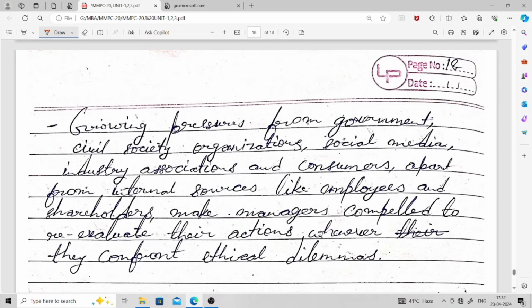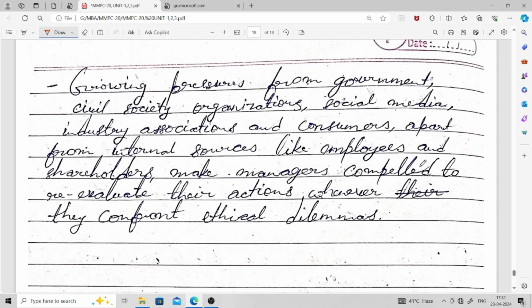Then you have growing pressures from government, civil society organizations, social media, industry associations and consumers, apart from internal sources like employees and shareholders, which make managers compelled to reevaluate their actions whenever they confront ethical dilemmas.